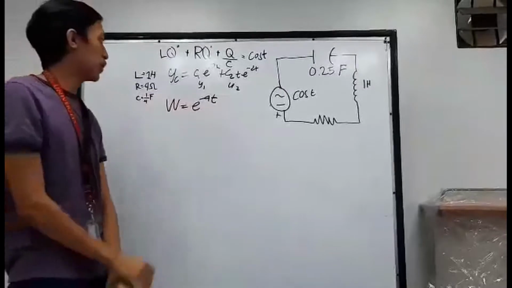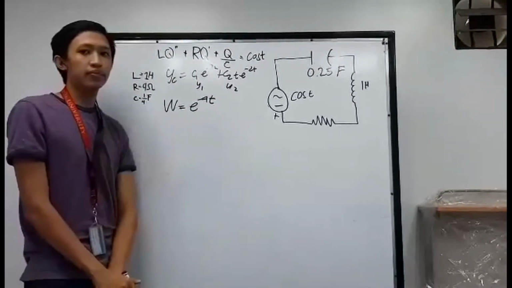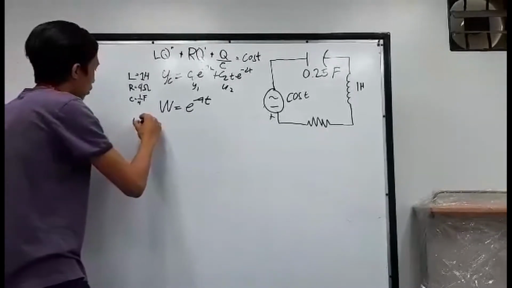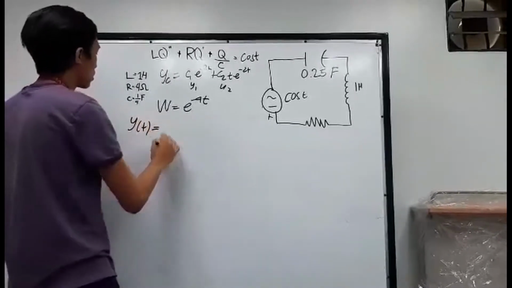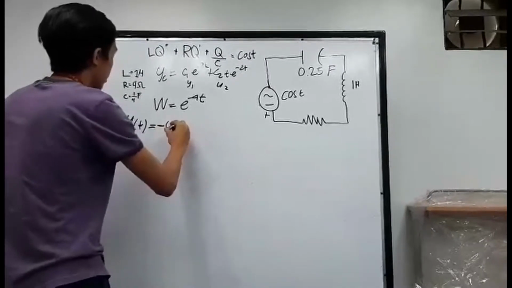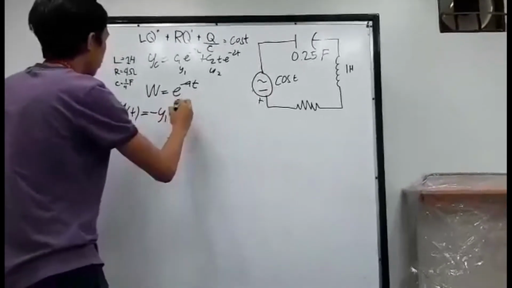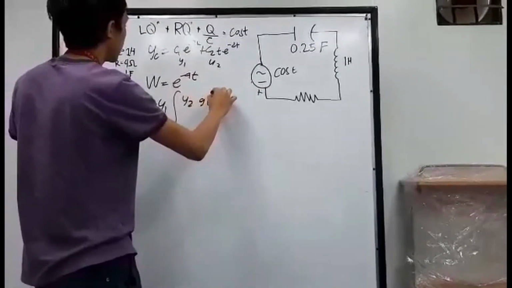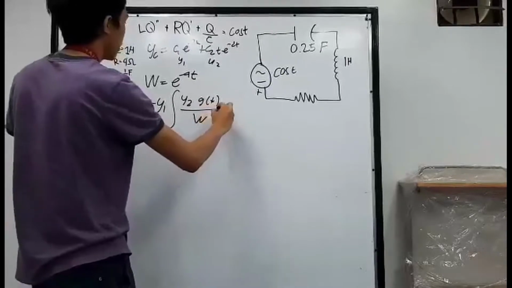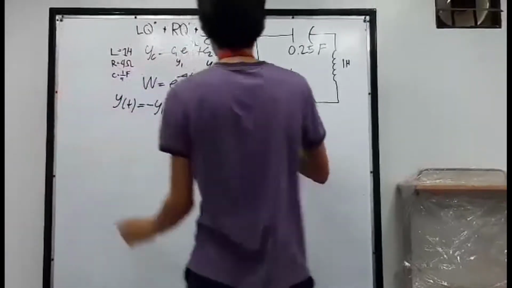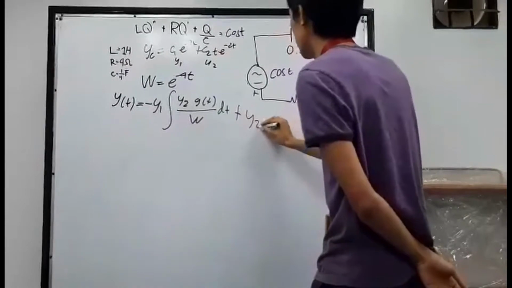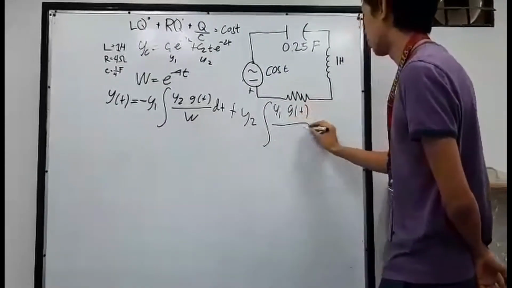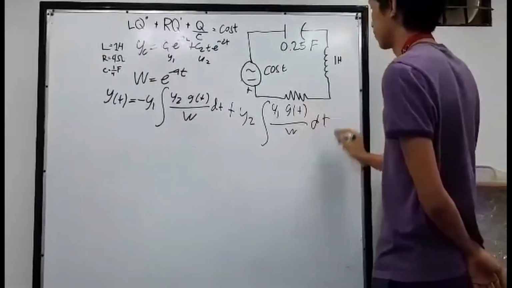So in this video, we apply the variation of parameters, which is the formula y sub p equals negative y1 integral of y2 g of t over Wronskian dt plus y2 integral of y1 g of t over Wronskian dt.